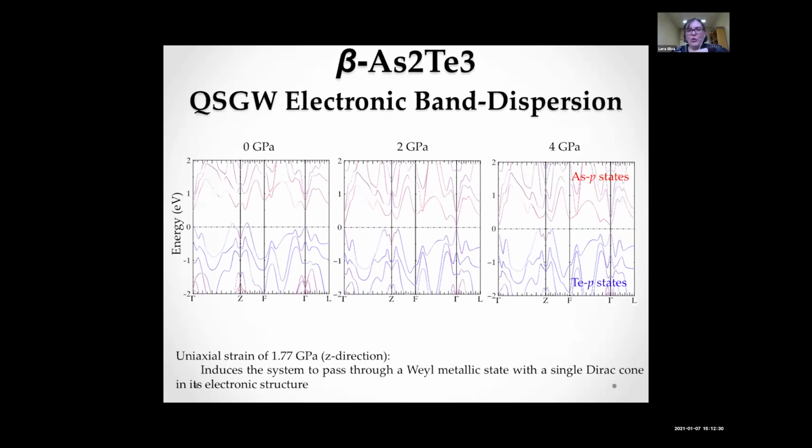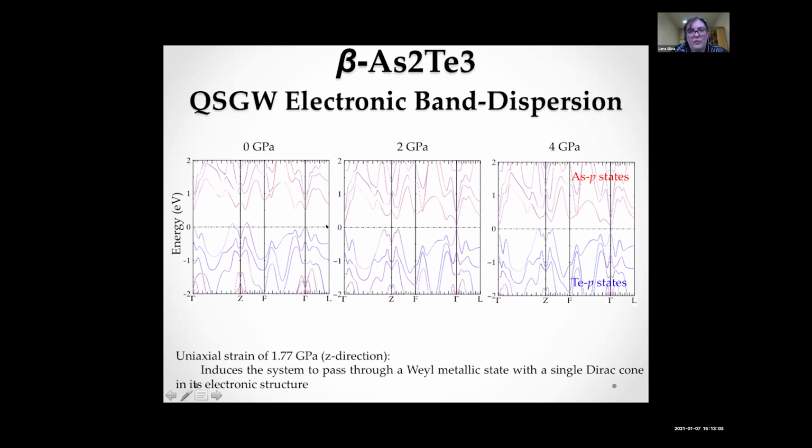I just want to show the electronic band structure, which is done for different pressure points at room conditions. The red is the valence band, which are contributions of the bismuth elements, and the other are the tellurium elements.